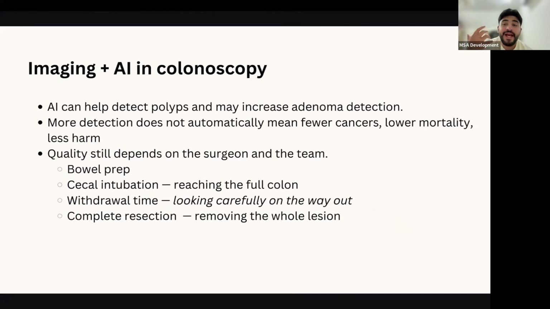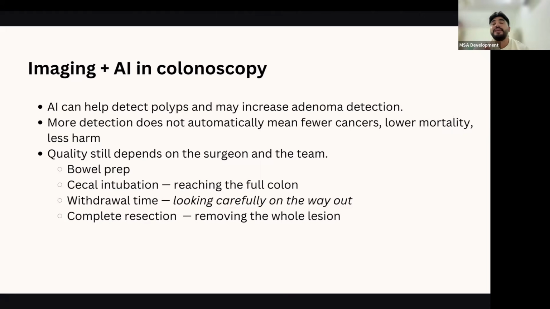Now, AI can help in detecting polyps, right? And a very famous disease, familial adenomatous polyposis, the FAP one. AI can help in detecting these polyps, and even helps in adenoma detection.